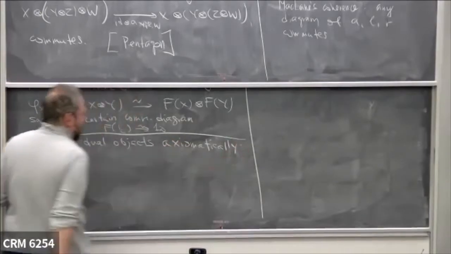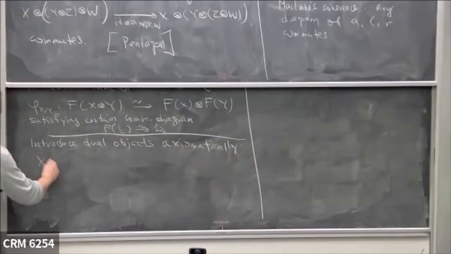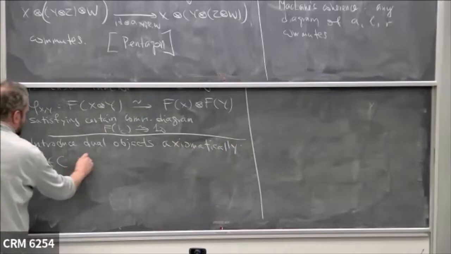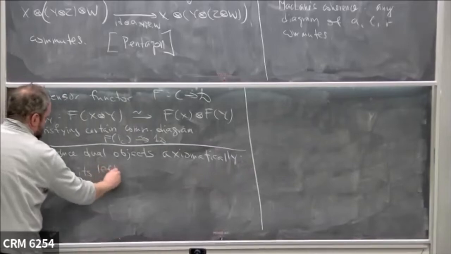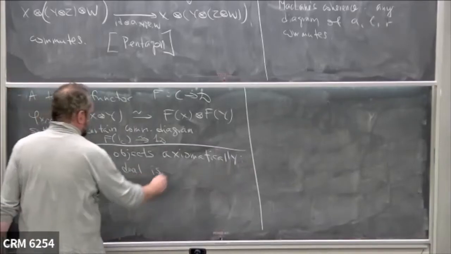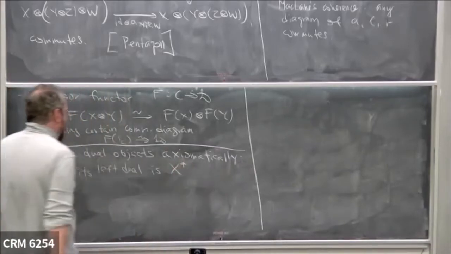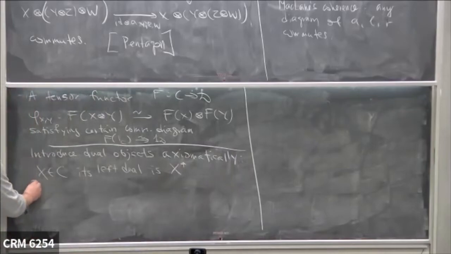Axiomatically as follows. Given X in C, an object in C, its left dual is an object called X star, along with two maps called evaluation and co-evaluation.